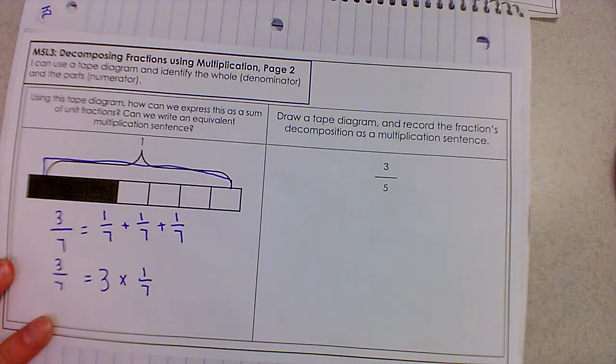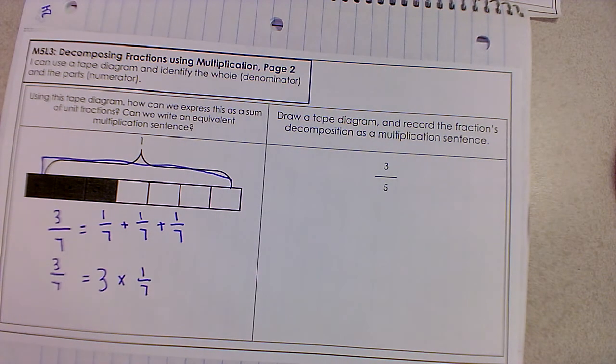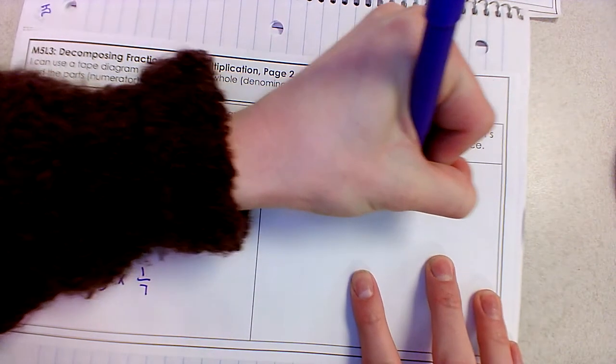Okay, so next it says, draw a tape diagram and record the fraction's decomposition as a multiplication sentence. So this is similar to what we just did. We're just gonna draw it out on our own and draw the whole and then write it as a multiplication sentence. So I'm gonna go ahead and draw my tape diagram.